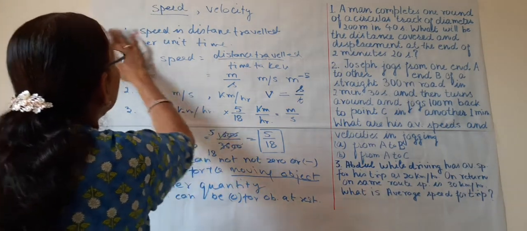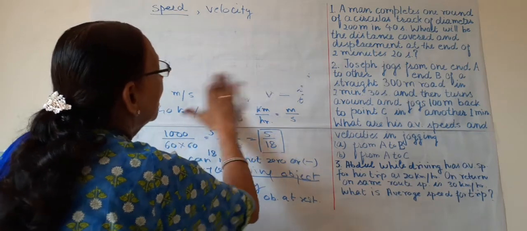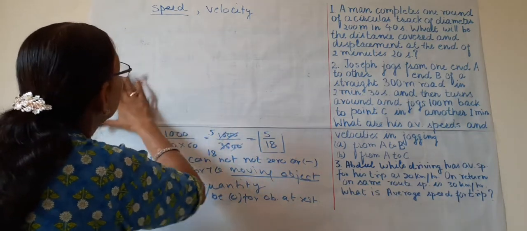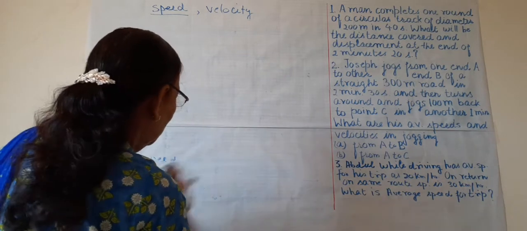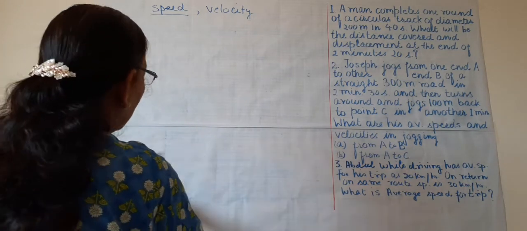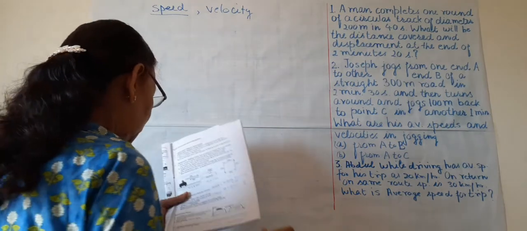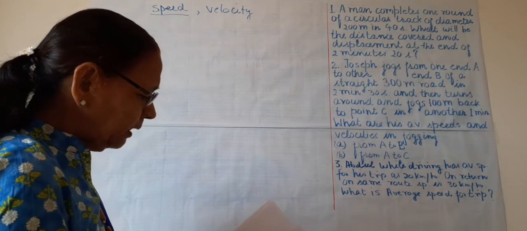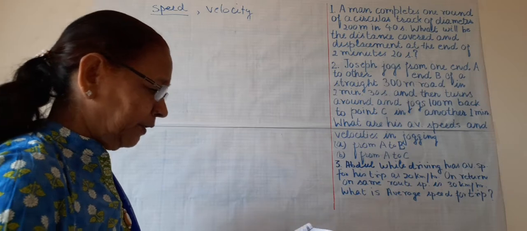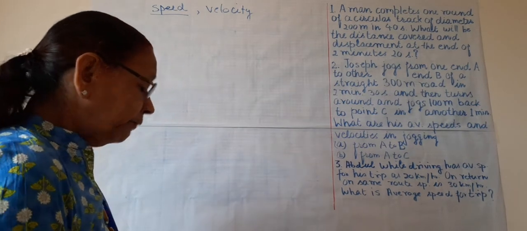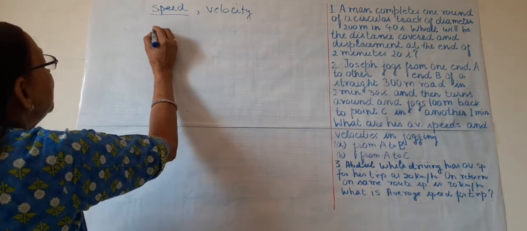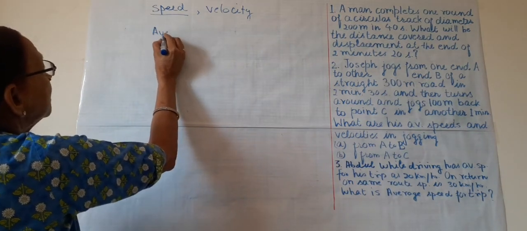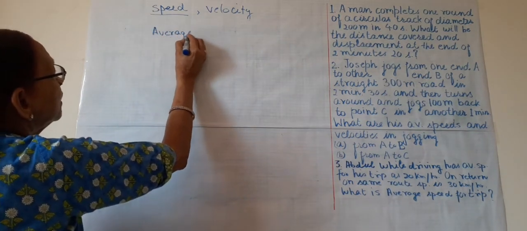Now we will take velocity. Now write down a few points on velocity also. Then we will solve these questions I have written. Now the velocity is a vector quantity. Before velocity, I will tell you one more thing about speed, and that is average speed.